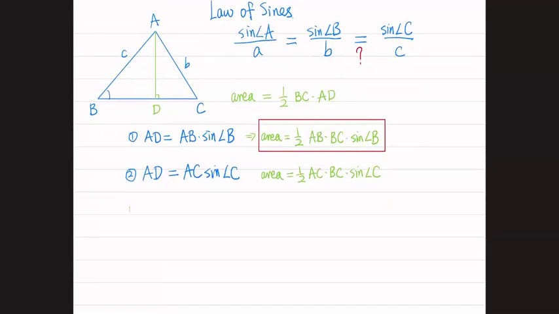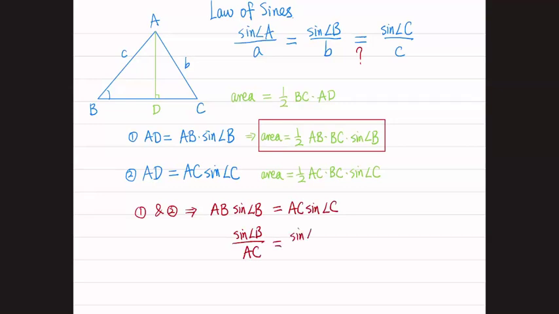Now we can write this as a quotient. So sine angle B over AC equals sine angle C over AB.